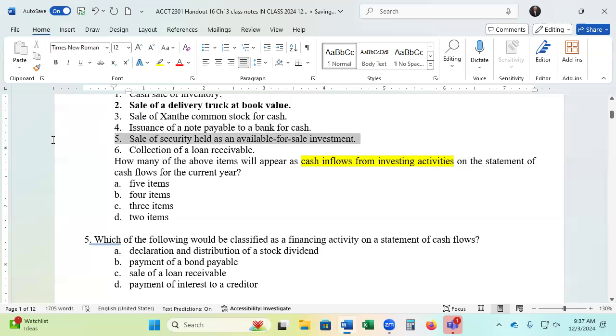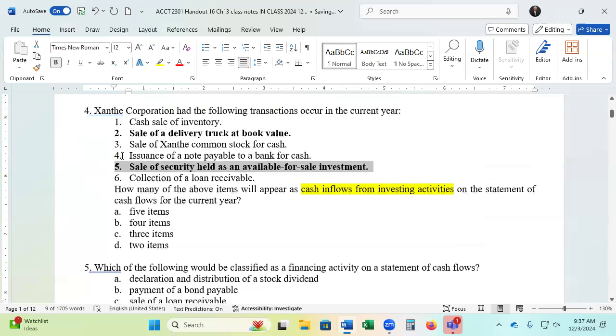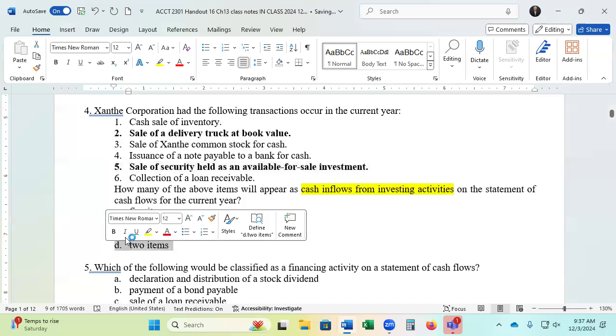Sale of a security held as an available for sale investment would be one. And then collection of a loan receivable, that would be financing activity. So the answer here is 2 items.